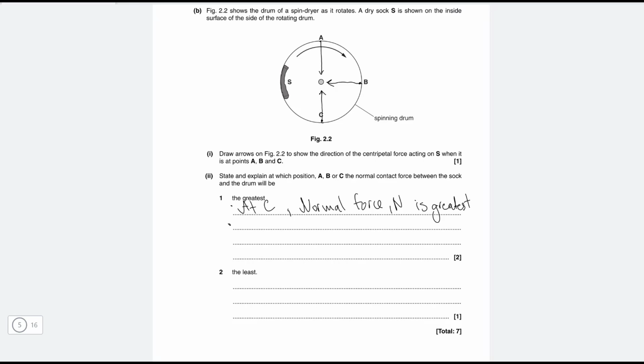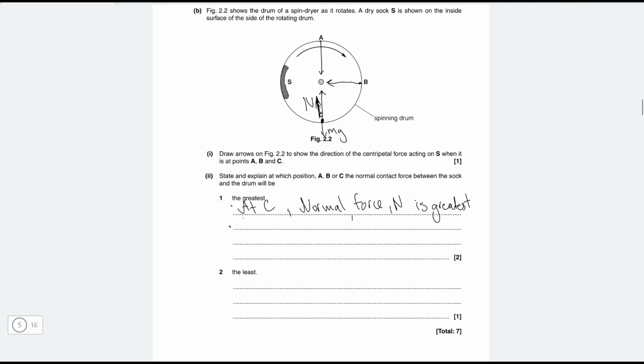And if we just apply Newton's second law, which states that the net resultant force will be essentially the sum of all the forces. So if we have mg going downwards, we'll also have N acting upwards, and those two forces will need to take them away from one another.